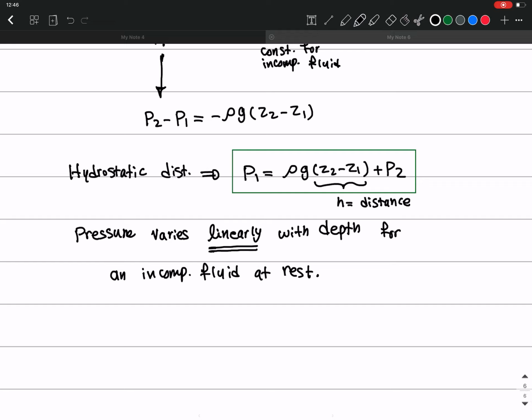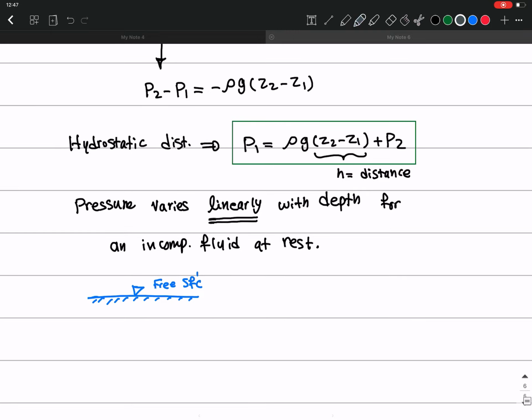So for example, say we have water here, and this is the free surface of the water, and this is the symbol we are going to use to show the free surface from now on. If you don't remember, just try to recall it. And then I want to write the pressure distribution for this fluid at rest, which is water.